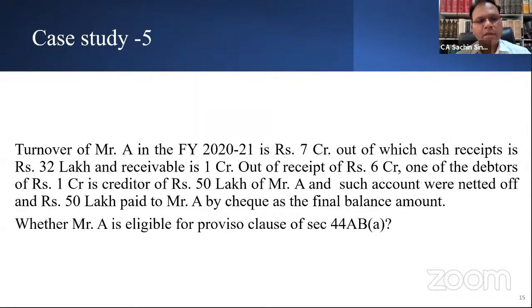So in that case, how will we calculate the threshold of 5%? Whether the amount which is adjusted by the book entry will also be taken while calculating the 5% or not. So any answer on this?